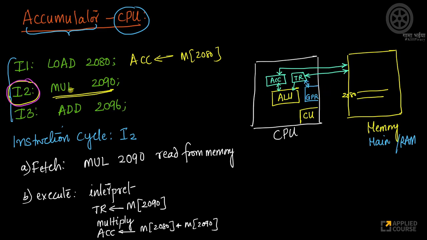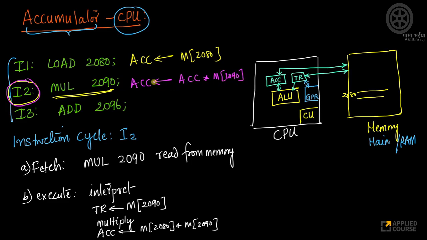So what this says is, whatever is there in the accumulator, it multiplies with the data that is there in memory address 2090. Look at the exact steps.